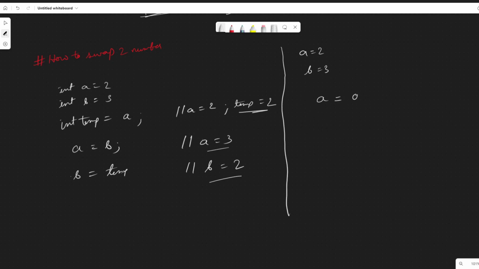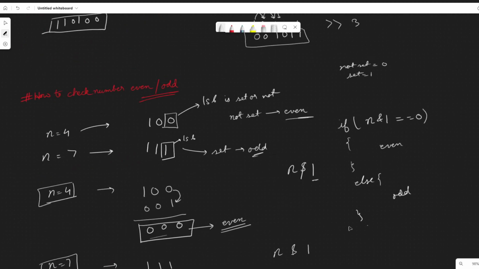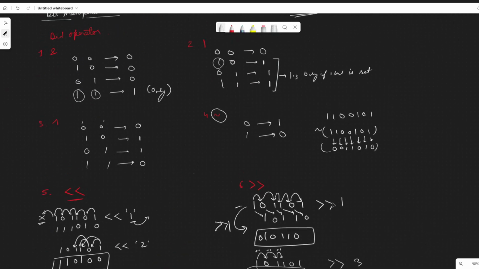A XOR B. What is the binary representation of 2? Binary representation of 2 is 1 0. Binary representation of 3 is 1 1. So see, in the XOR operation, if both the bits are different, then we will change it to 1.